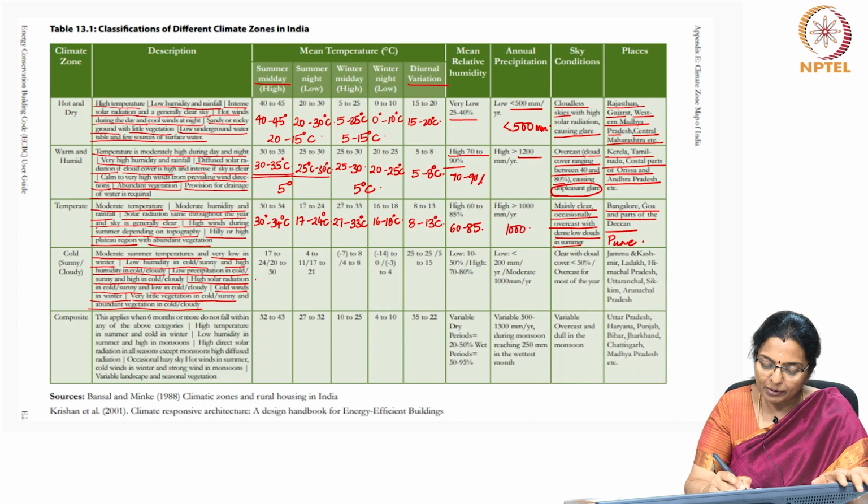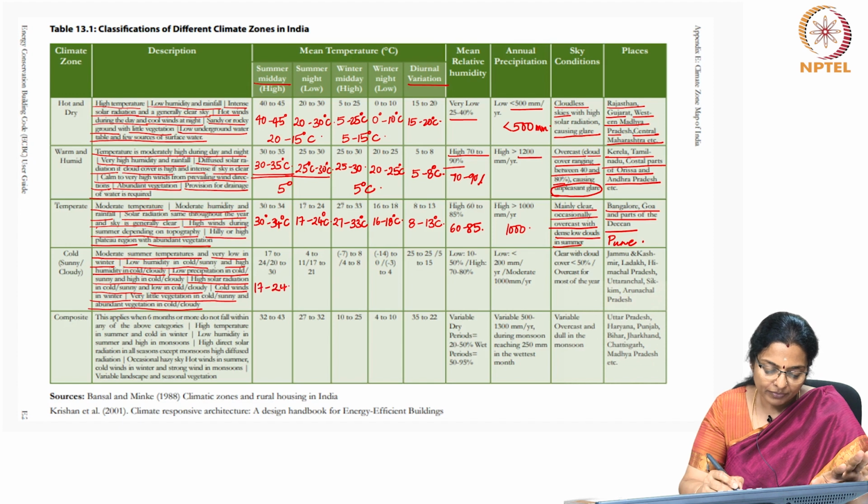Summer midday temperature in cold and sunny ranges between 17 to 24 and in cold and cloudy between 20 to 30.